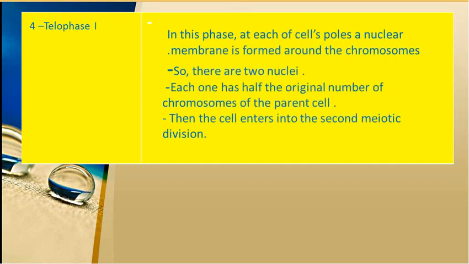So in this phase, at each of the cell poles, a nuclear membrane is formed again around the chromosomes. So we have two nuclei. Each one has half the original number of chromosomes of the parent cell.